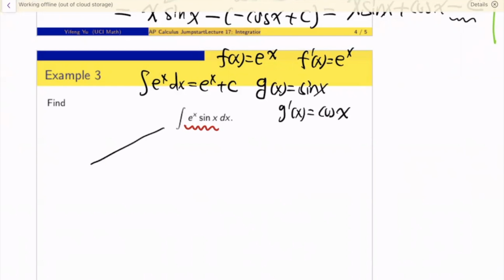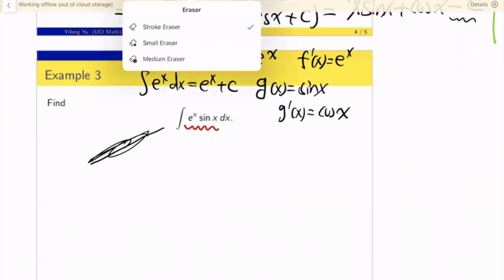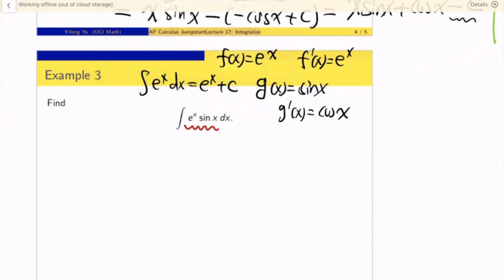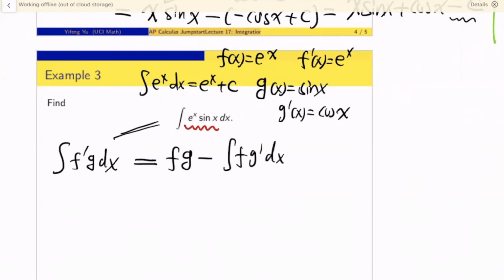Now let's apply the formula using integration by parts. The antiderivative of f prime times g dx, by the formula, equals f times g minus the antiderivative of f times g prime dx.